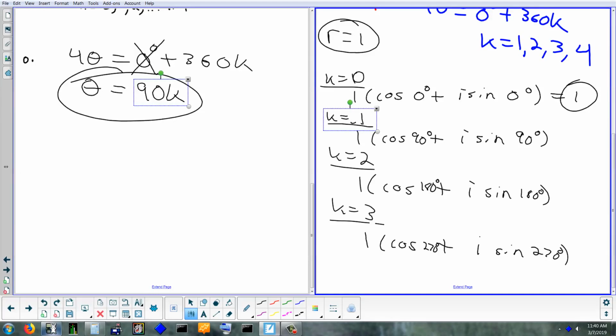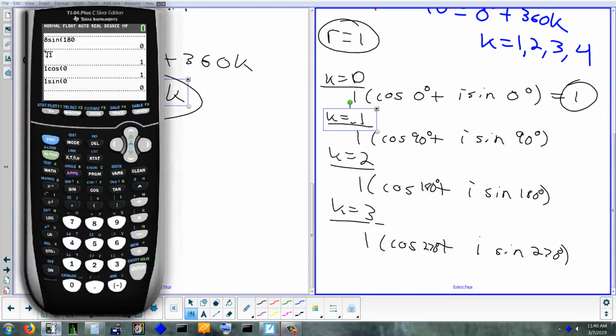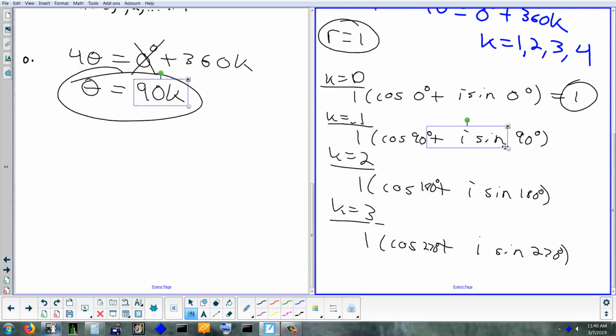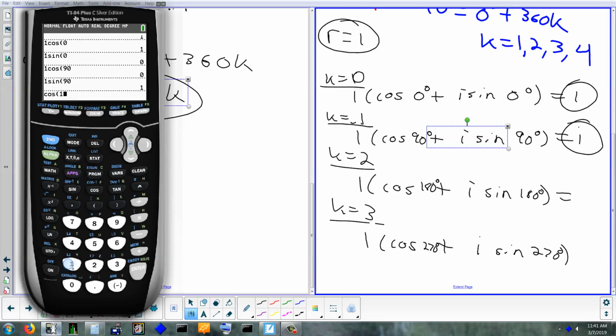Now, we also said we would get 2 imaginaries. Well, let's do the second one. 1 cosine 90. That's 0. First part's gone. 1 sine 90 gives you 1. 1 times i. That answer is just i. If you did this next one out, cosine 180 gives you -1.